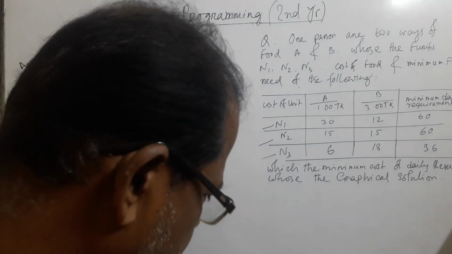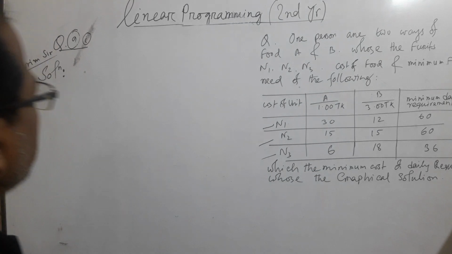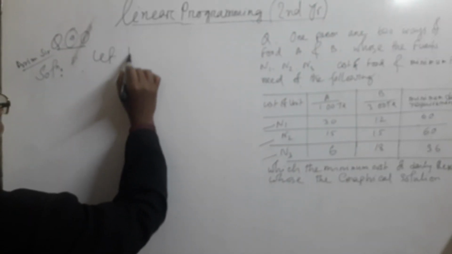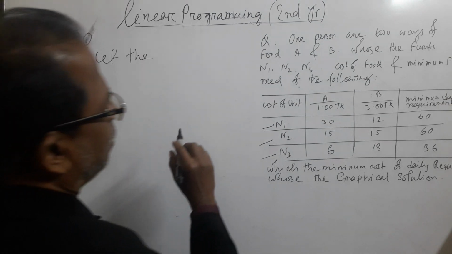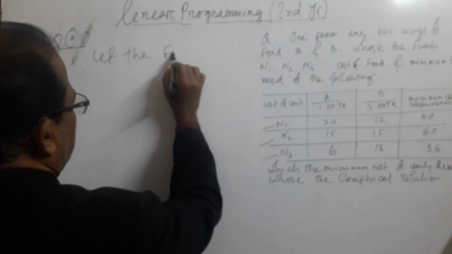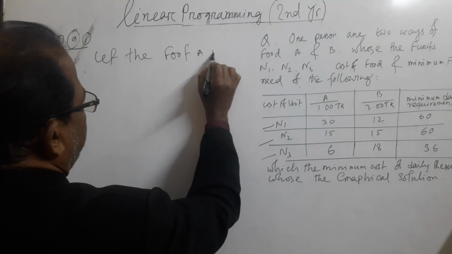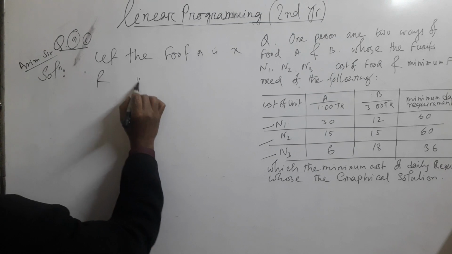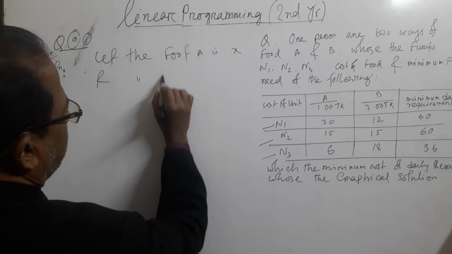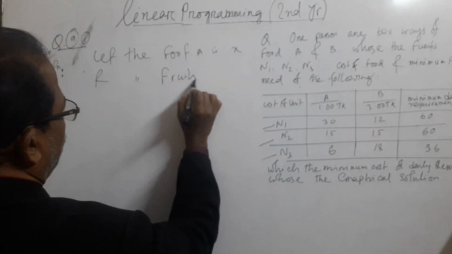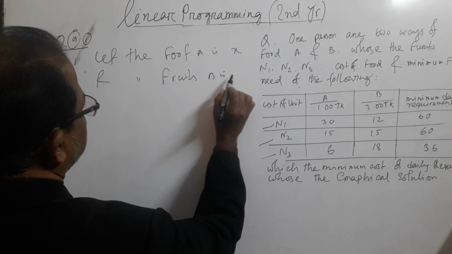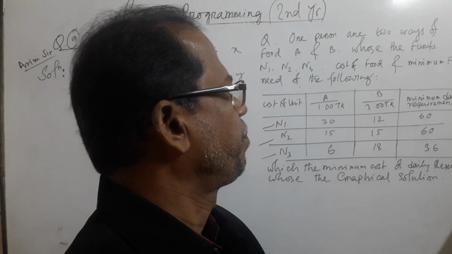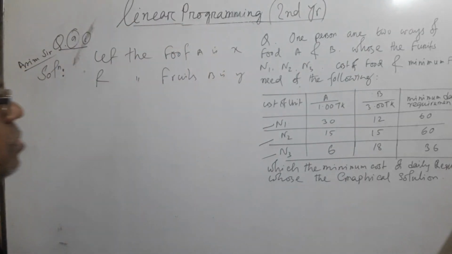Now let's start the solution. Let the food A be x and the fruit B be y.